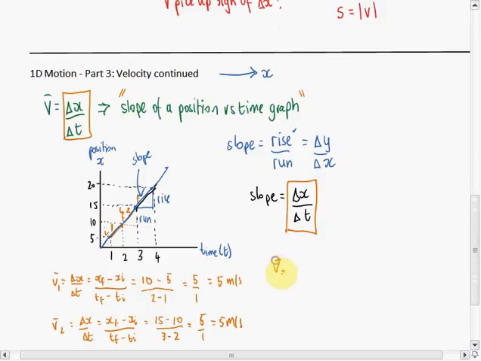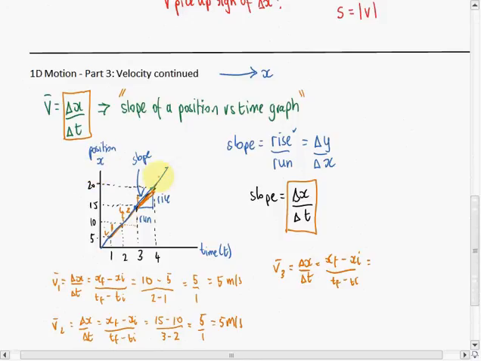I'll do one more just for fun, just to prove a point that in between this zone over here, my average velocity was also again the slope at that point. Again, look at what my final position was relative to some initial position within that zone, over final time minus initial time.